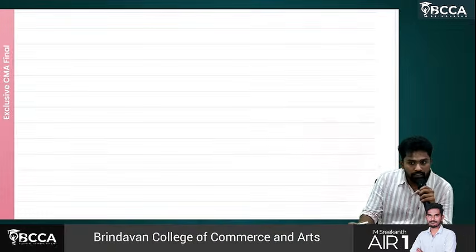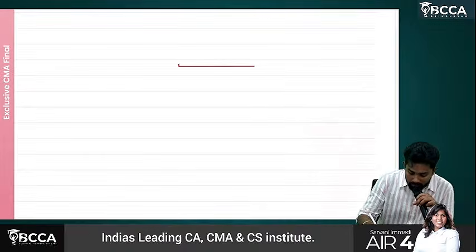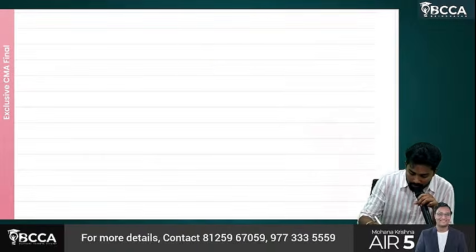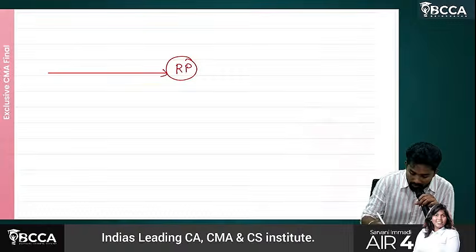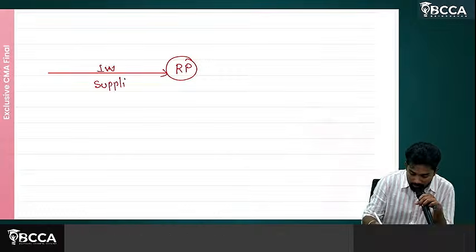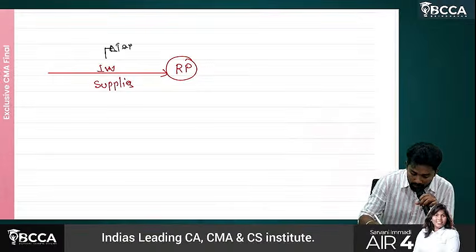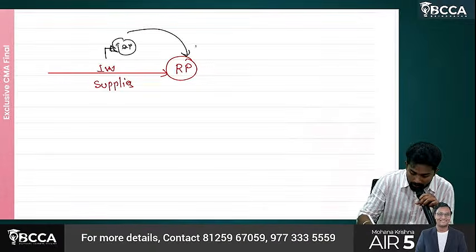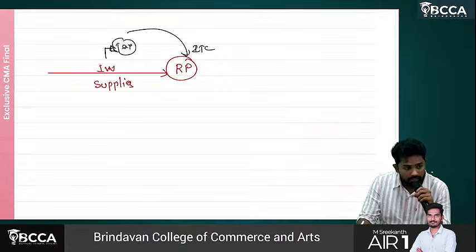Input tax credit is given to avoid double taxation. When input tax credit comes, there is a registered person who has inward supplies. On these inward supplies, whatever is the tax element can be availed as ITC. The tax part can be availed as ITC.